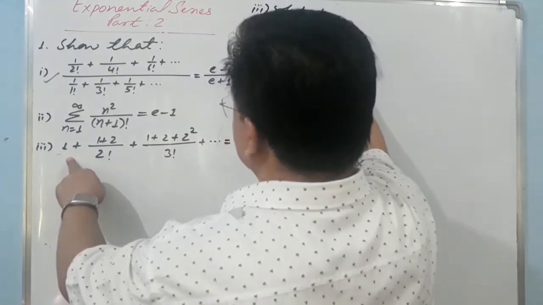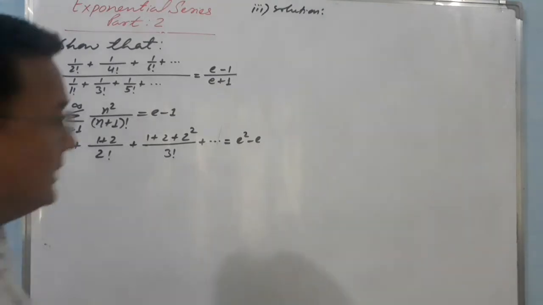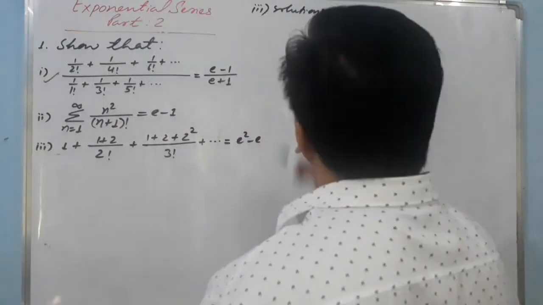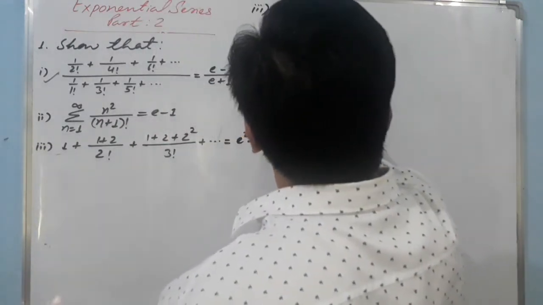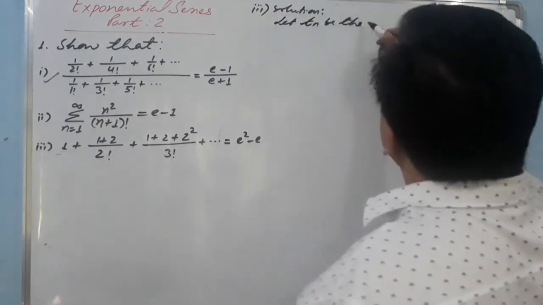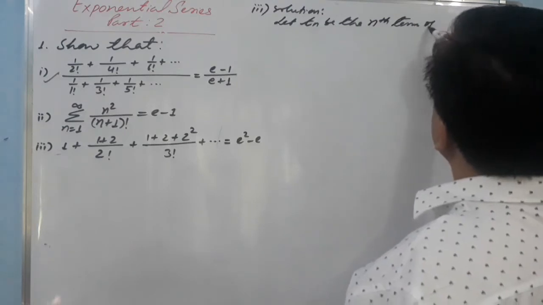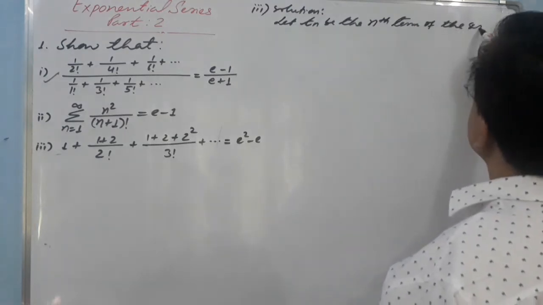Solution. By taking the left hand side directly we can't go, it will be a little bit difficult. Let's try it by using Tn. Let Tn be the nth term of the series.